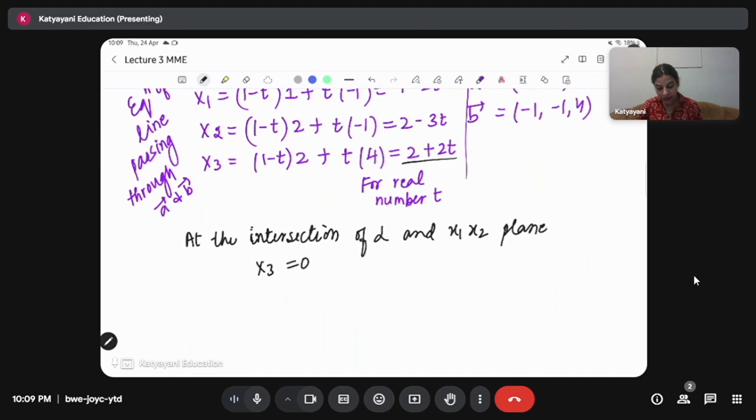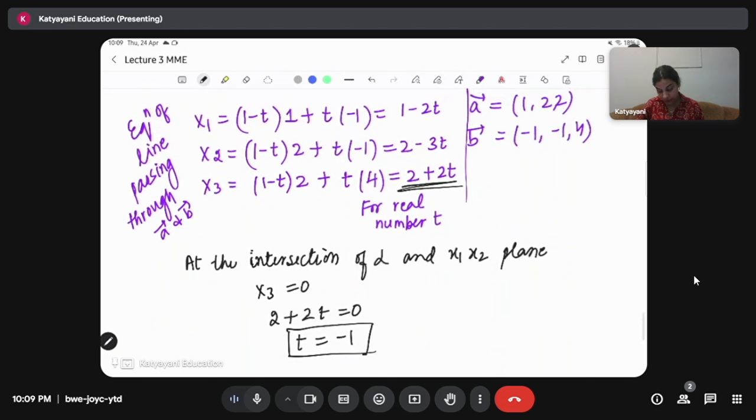We know the value of x3 is 2 plus 2t. So let's put 2 plus 2t as 0. So I get t as minus 1, right? And then when I put in the value of t in my x1 and x2, x1 would become 1 minus 2t, with t as minus 1, so it becomes 3. x2 would be 2 minus 3t, and t is minus 1 again, so it would become 5.